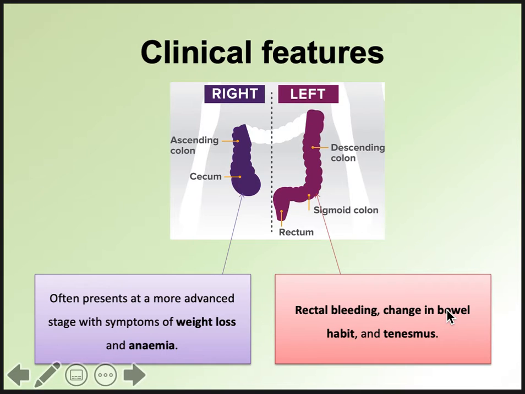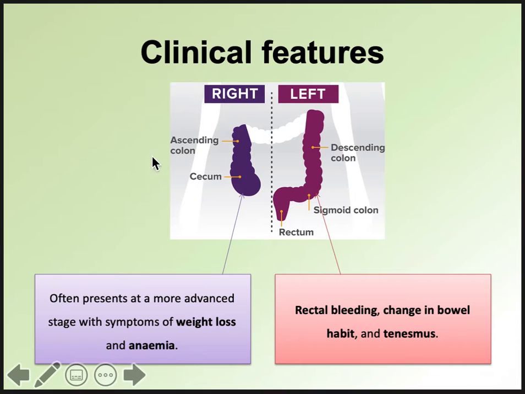There's also a chance of abdominal pain developing, and blood being noticed, particularly in the distal part. If the tumor is located in the distal part of the colon, you may see rectal bleeding, and tenesmus, which is a sensation of incomplete defecation, again associated with a tumor in the rectal region.